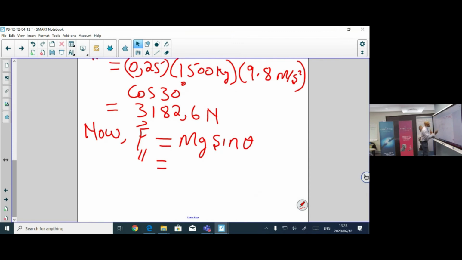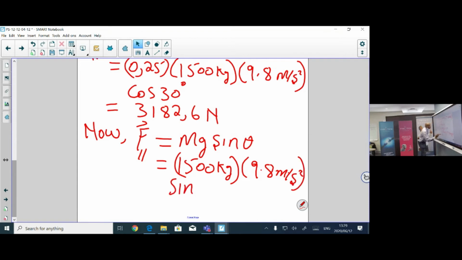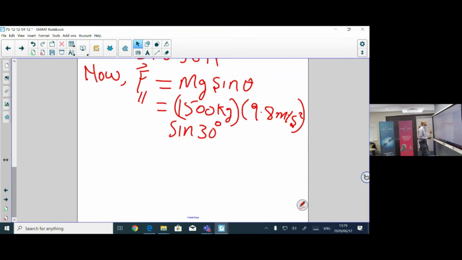Now we have to substitute the mass of the object. Mass there is 1,500 kilograms, multiplied by gravitational acceleration, which is 9.8 meters per second squared, multiplied by sine 30. Your theta there is 30.